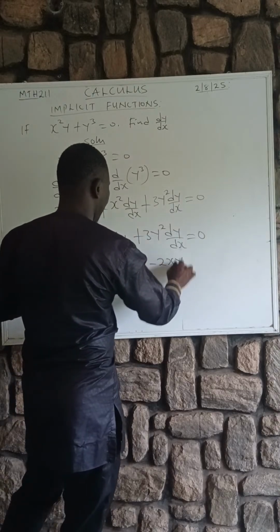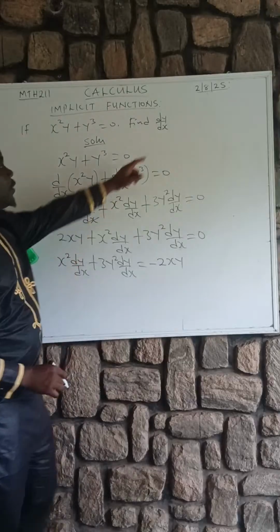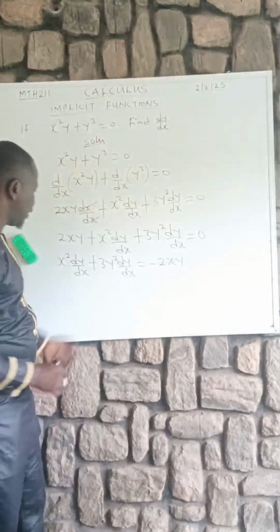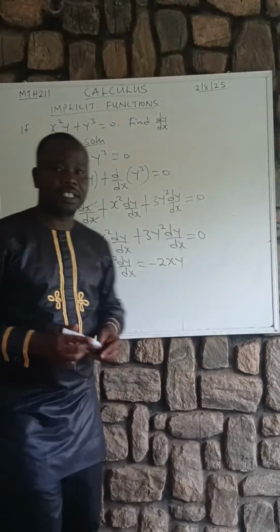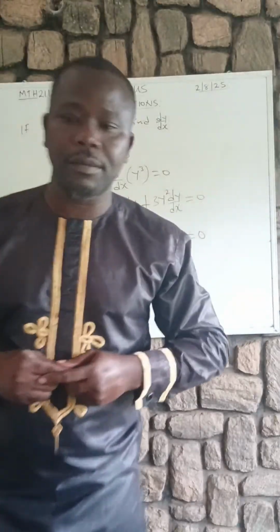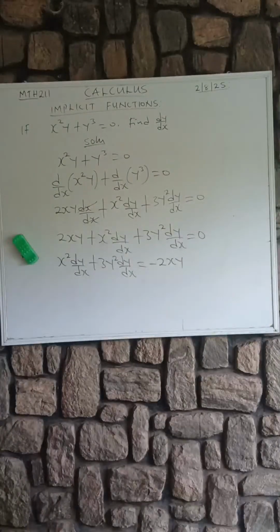Minus 2y. Since we are asked to find dy all over dx, look at the left hand side. What are you seeing? Are you seeing what I am seeing? Look at it very well.